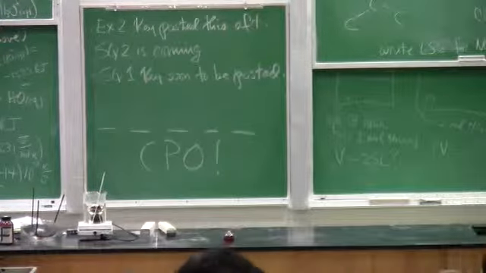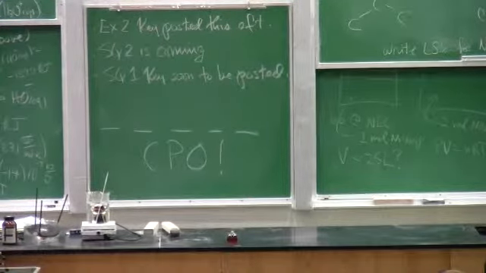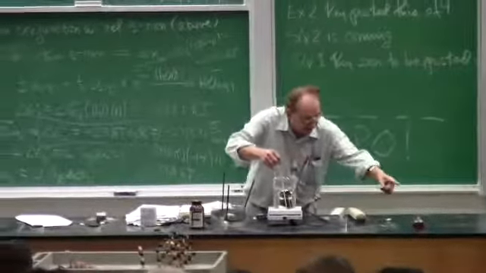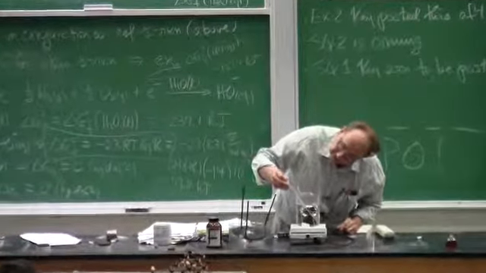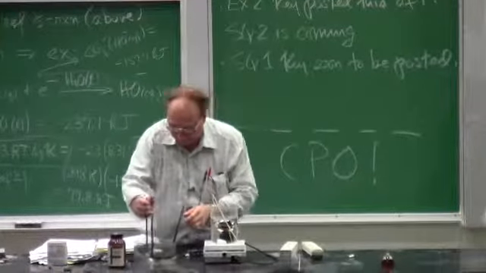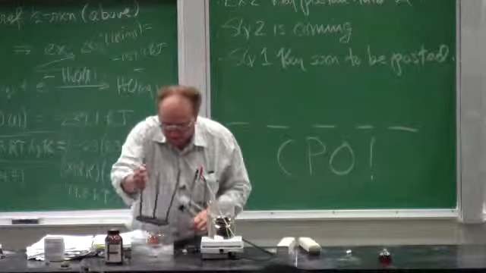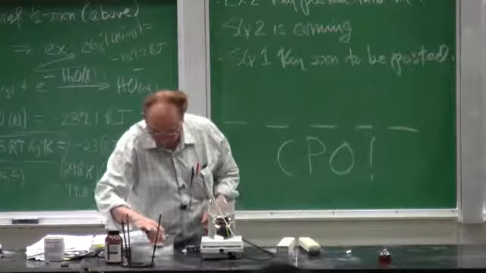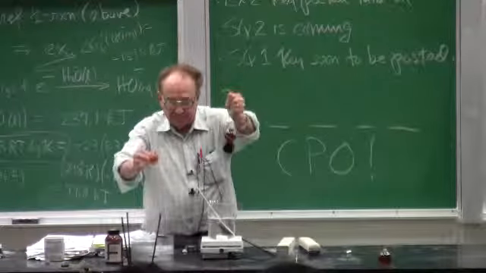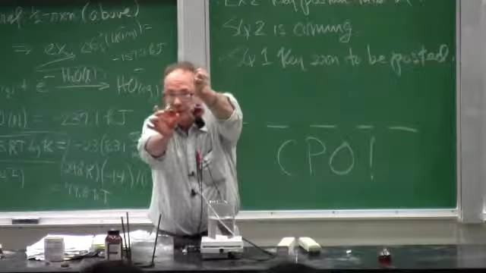I have set this demonstration up, and we're just going to have 1 minute to talk about it. Here I have that flask at 68 degrees centigrade. Here I have the same flask, same contents, at 0 centigrade. See any difference in intensities?